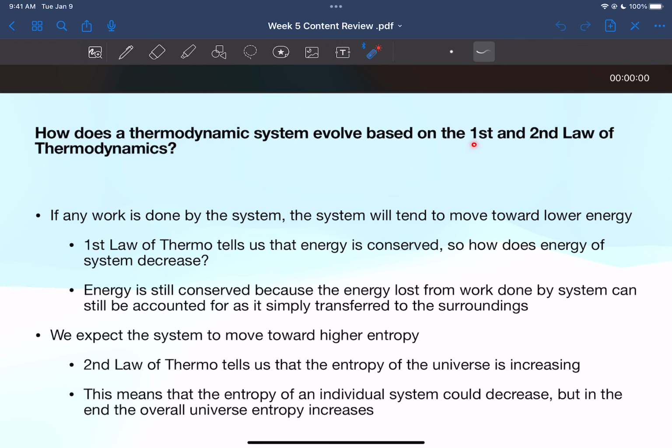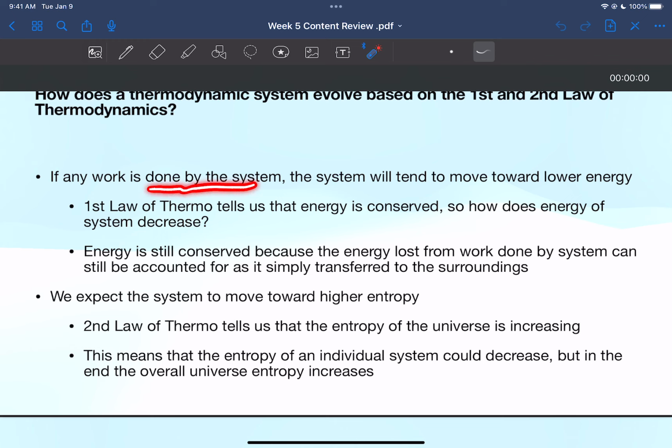If the system itself is doing work, it's transferring energy from itself to the environment, essentially, right? So the system itself will then tend to move toward lower energy, right?